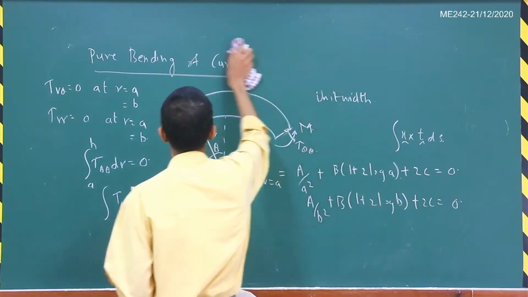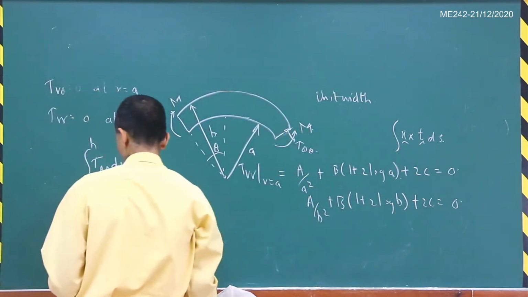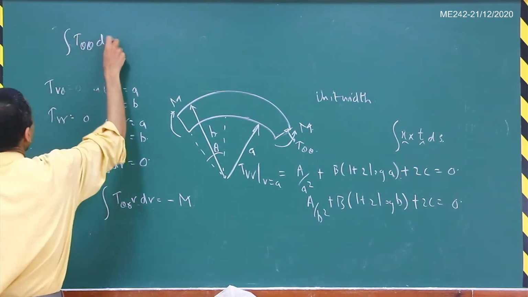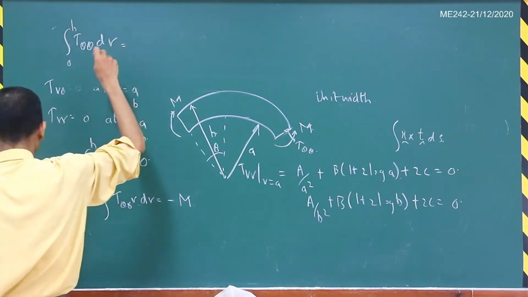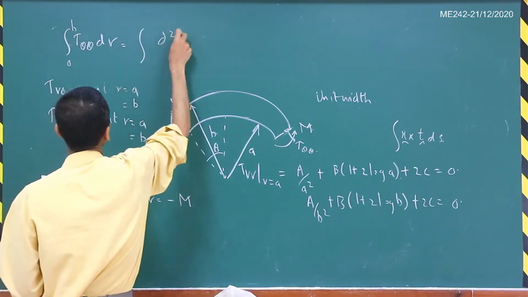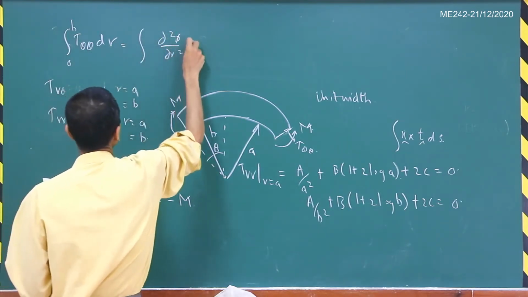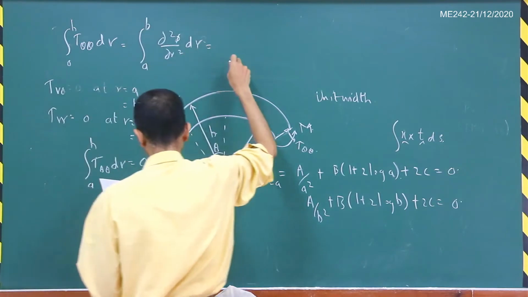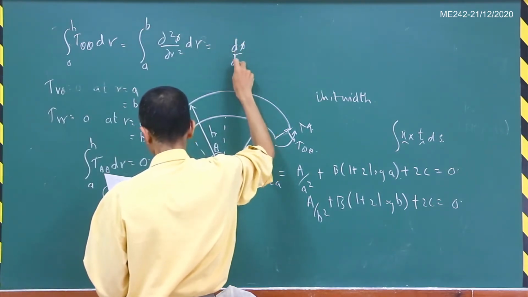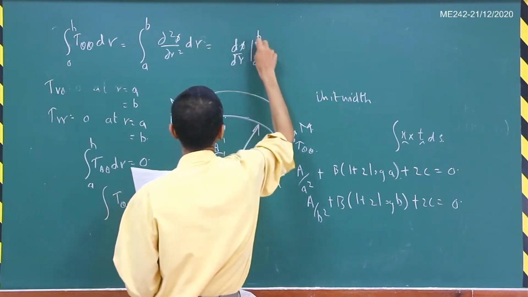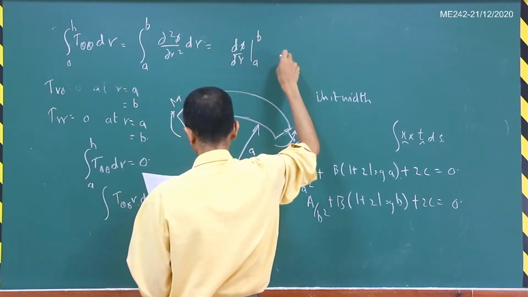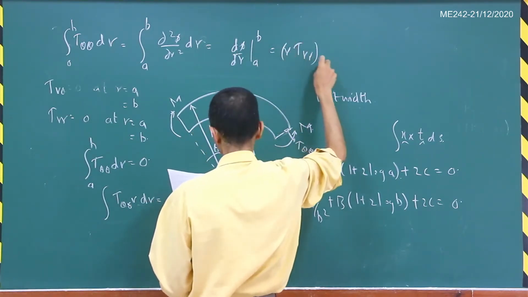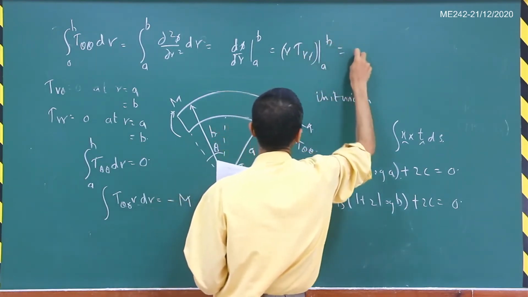The integral of tau theta theta times dr from a to b is equal to the integral of del squared phi by del r squared times dr from a to b, which is equal to d phi by dr from a to b, which is equal to r times tau r r from a to b, and this is also trivially satisfied.